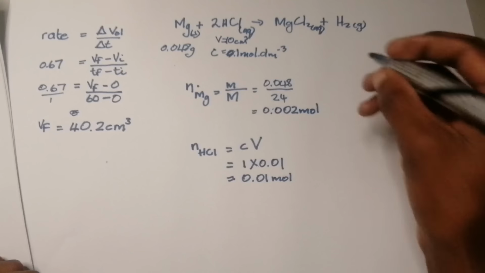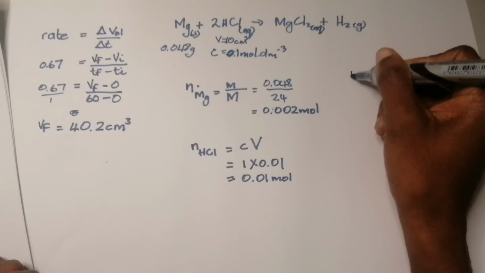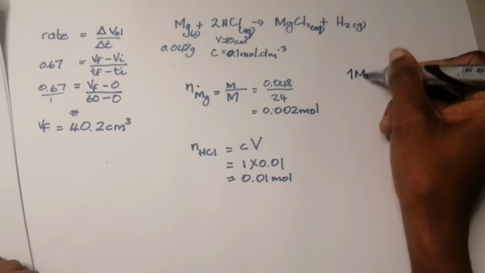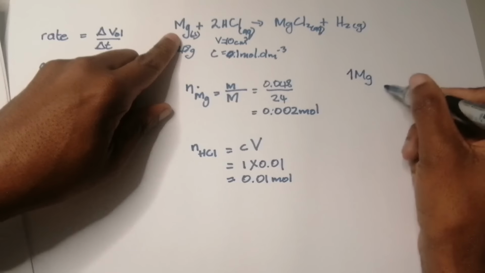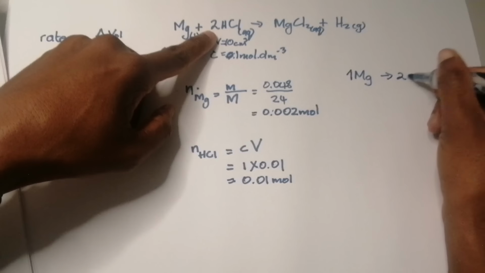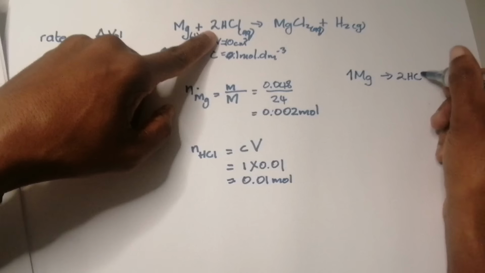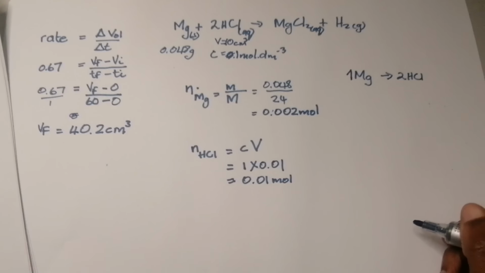So now I go to my stoichiometric coefficients. Then I say, well, for every 1 mole of magnesium, according to that reaction, I will actually use 2 moles of hydrochloric acid, okay? Right, please remember, you can't do that with mass.